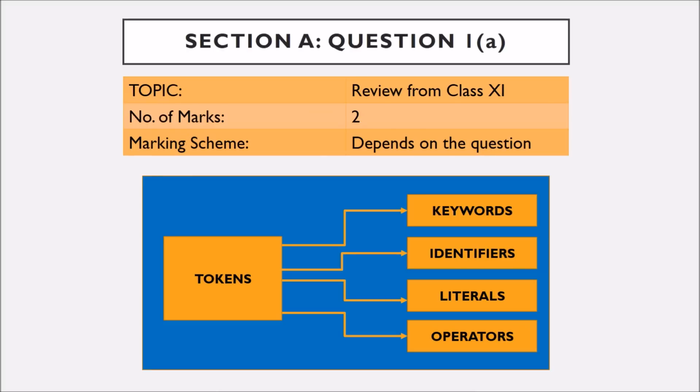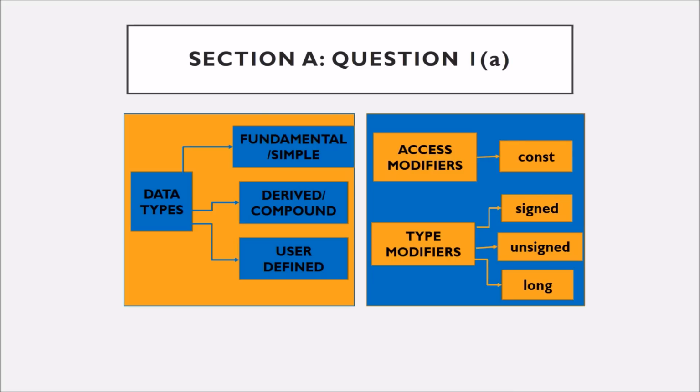Question 1A is based on class 11 syllabus and is of 2 marks. For this question, you are supposed to revise the following topics: tokens and its parts, keywords, identifiers, literals, and operators. Data types like fundamental or simple, derived or compound, and user-defined.